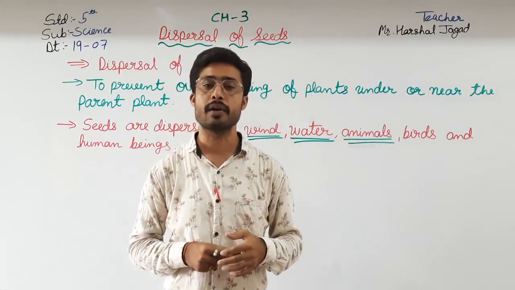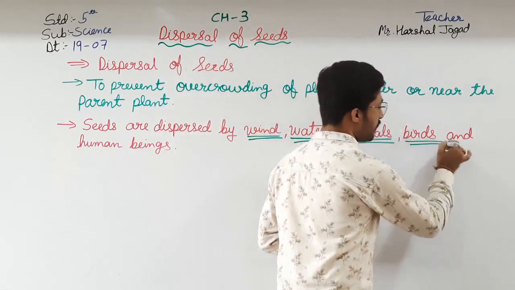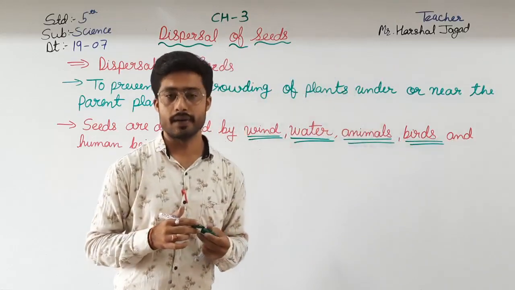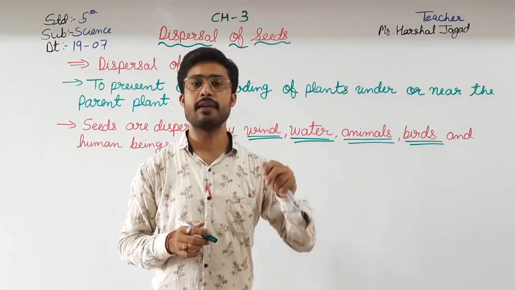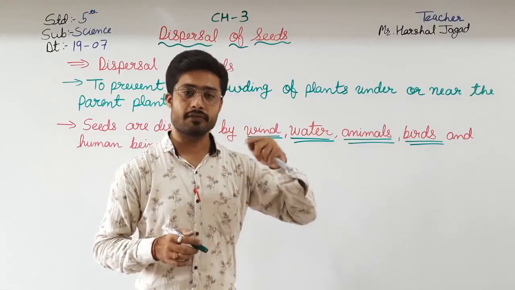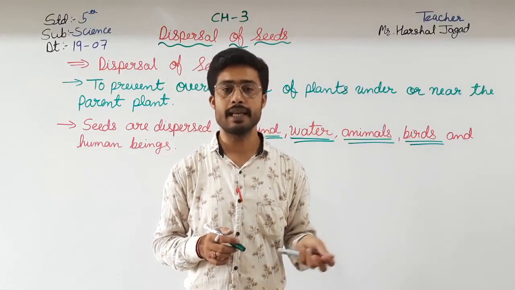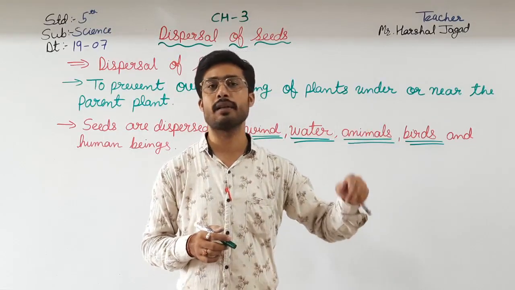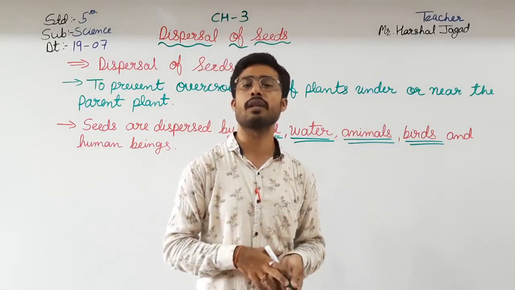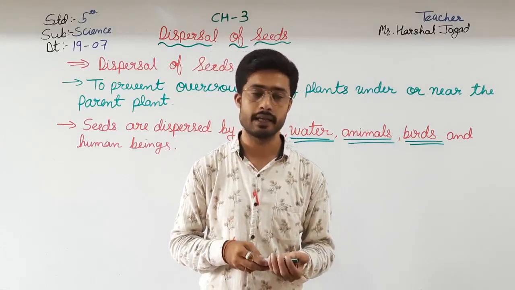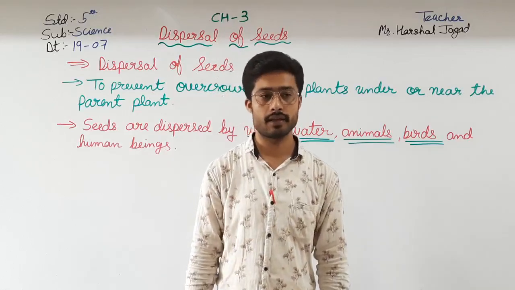Now talking about birds: they will eat the fruit and fly away to another part, farther from the area, and throw down the seeds, which will grow over there if there is suitable weather and condition. Then dispersal by human beings, we will study further.